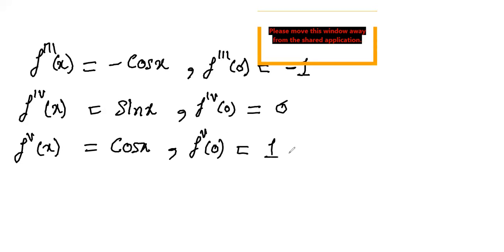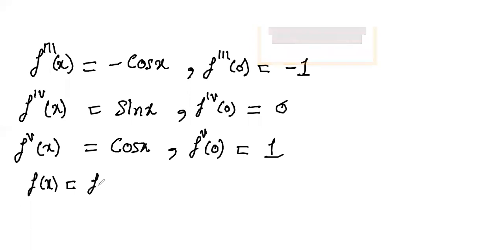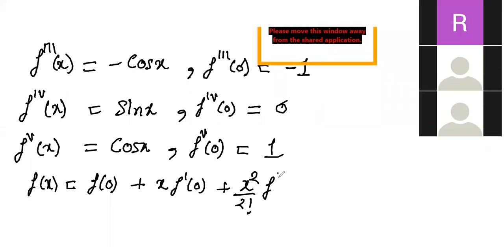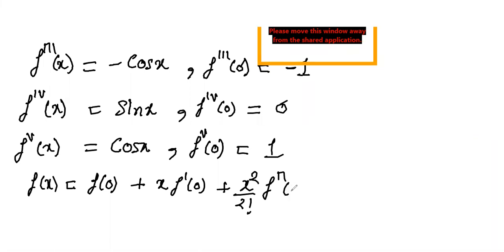This cos 0 is 1. So it alternates plus and minus 1, and it occurs only for odd terms. So f of x is equal to f of 0 plus x into f dash 0 plus x square upon 2 factorial f double dash 0 plus x cube by 3 factorial.